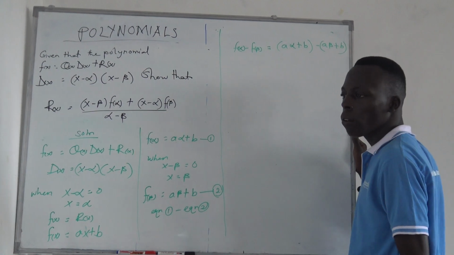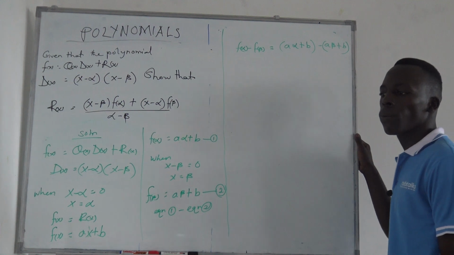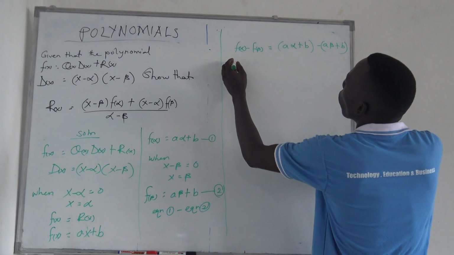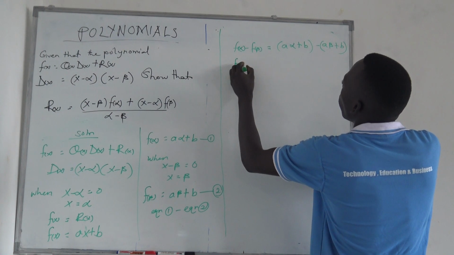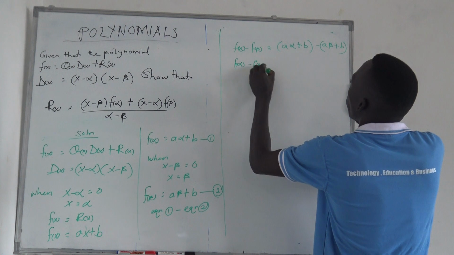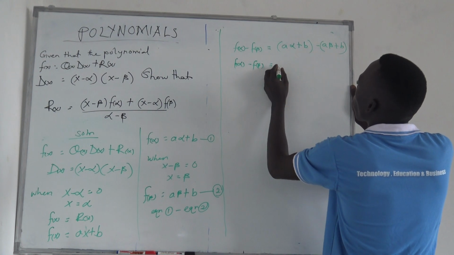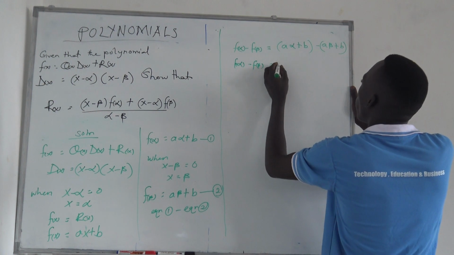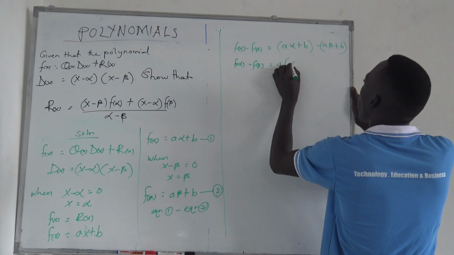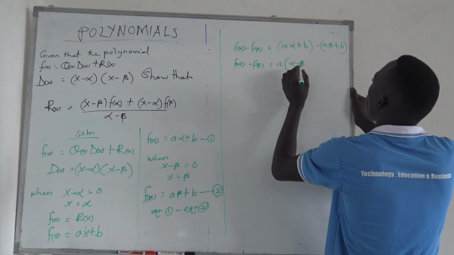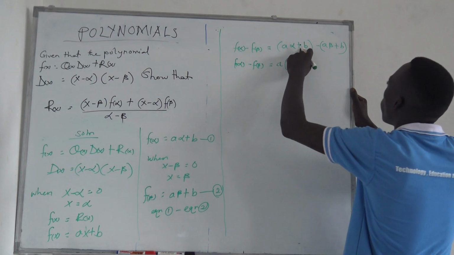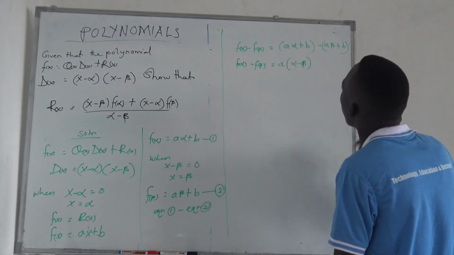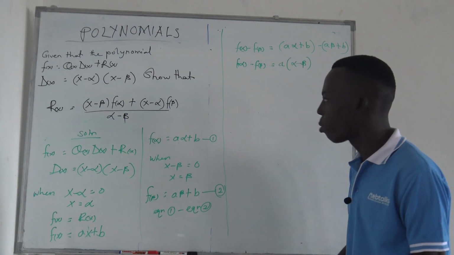Now we open the bracket, which gives us f of alpha minus f of beta equals a alpha minus a beta, and a is common, so we say a into alpha minus beta. Then the b is positive, so the other one changes to become negative, which gives us 0 when we add the two.